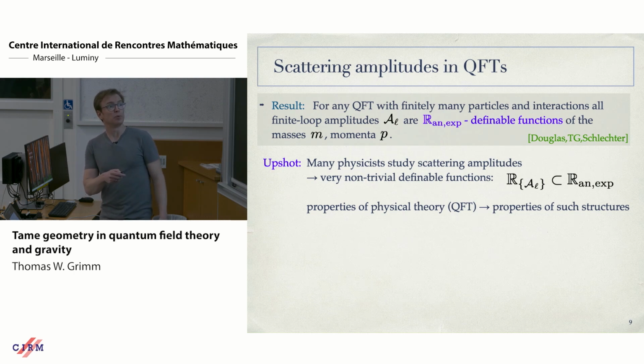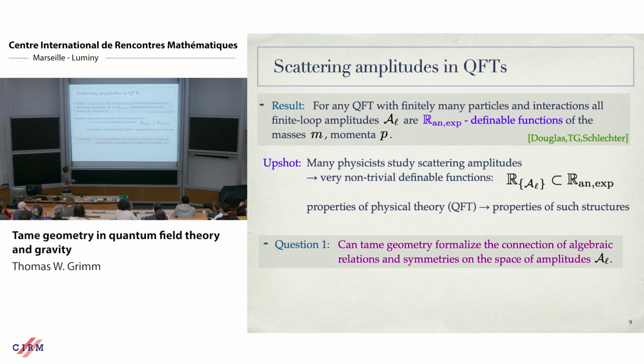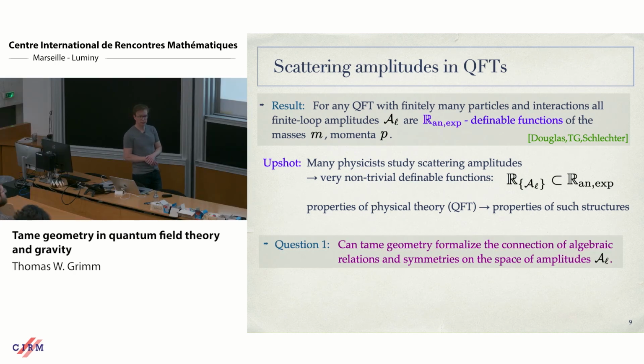Now it would be very nice if one could see the properties of a quantum field theory in the associated structures which you get by expanding R_alg, including these amplitudes. Now, I want to once in a while mention some interesting questions which come up when thinking about these questions.